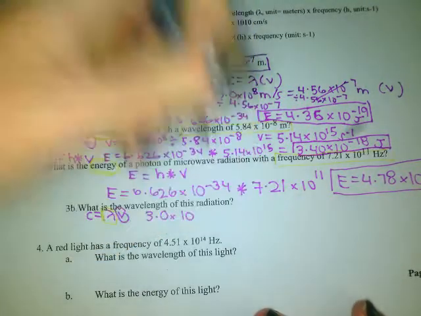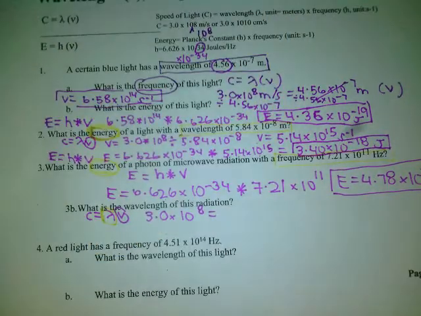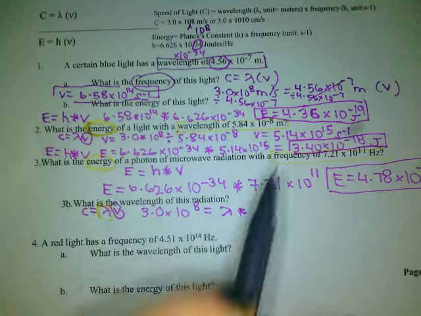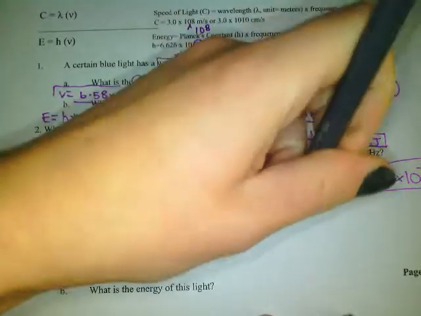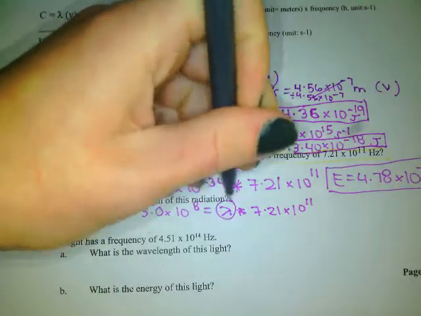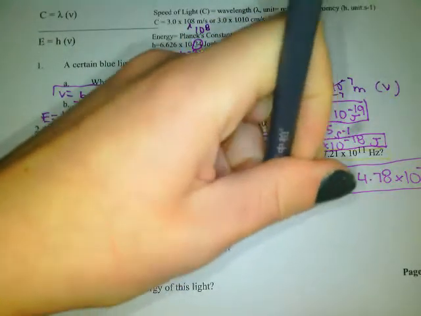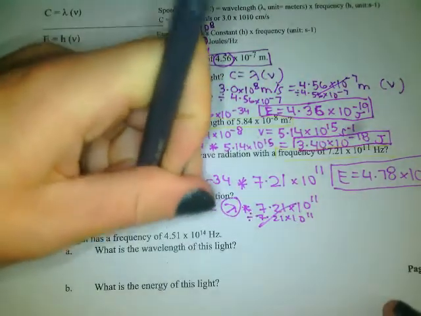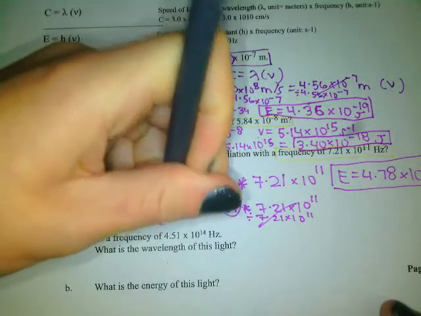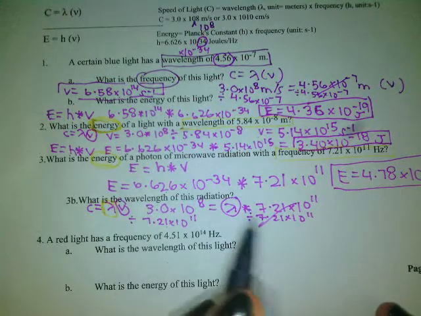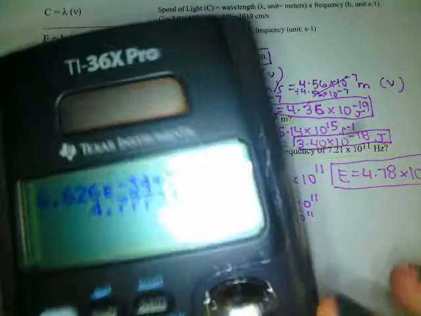And again, to get this by itself, we just need to divide on both sides, so that cancels out over here. If I divide these, that's going to give me my lambda value. So I'm going to plug that in. It's small, but that's okay.